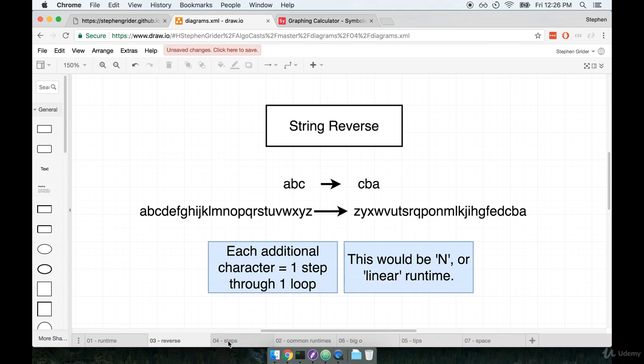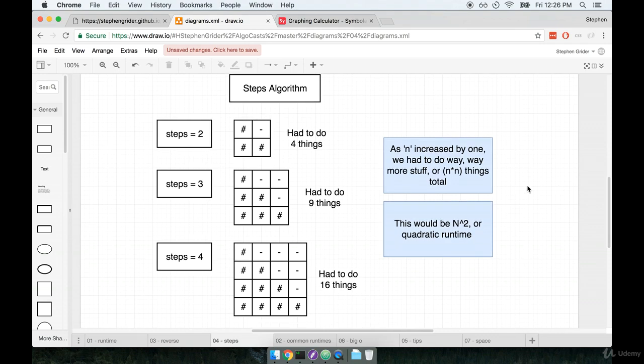Another good example of this would be the steps algorithm that we also looked at. In this case, we had said that for each increment of the steps argument, we had to print out some number of additional items in our result set. So not only did we have to process more data, or iterate through some loop more times, our result set also had significantly more entries inside of it for every record that was added in.